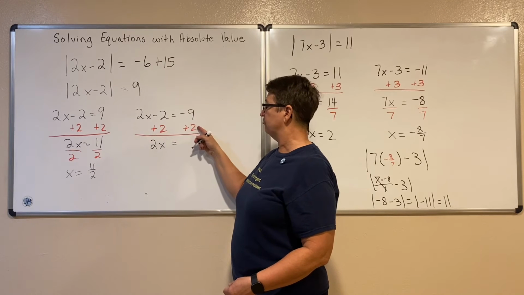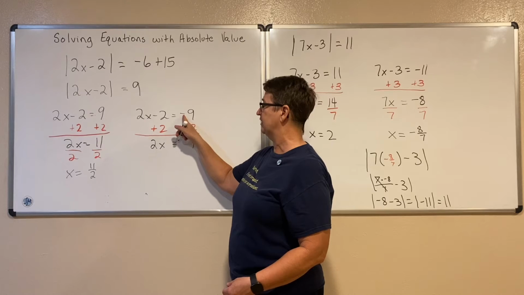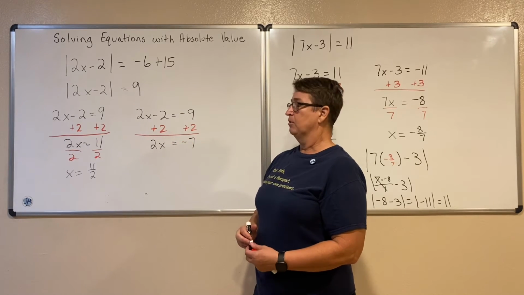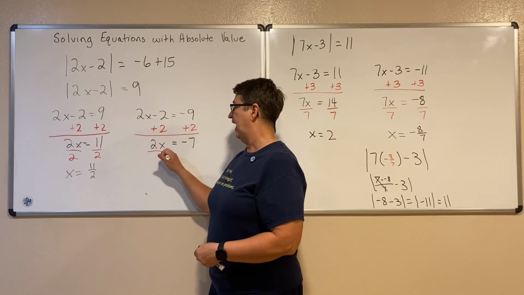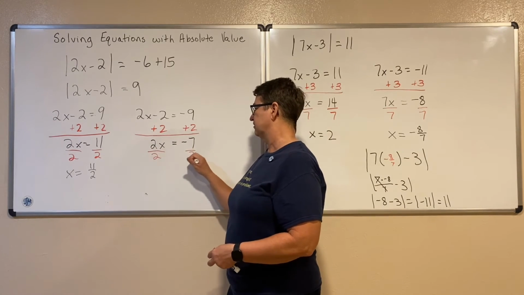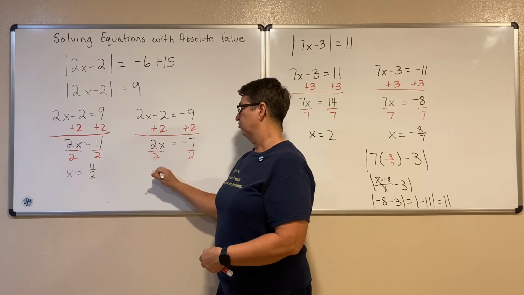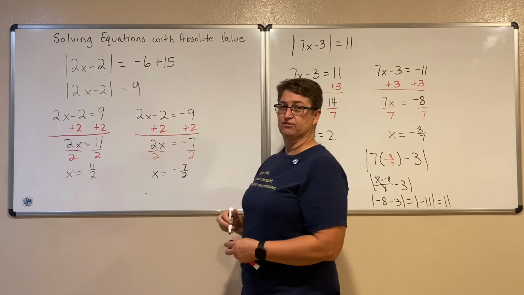Negative 9 plus 2, their signs are different, so I'm subtracting, and keeping that sign, I walked further into negative land. So we should end up with two different values there for x that it could be to make this equation true. So that x could be equal also to a negative 7/2.